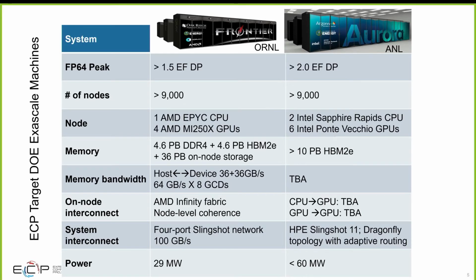Already these numbers are beyond what I even thought would be tolerable when this project began in 2016. Okay, so there's obviously a ton to discuss there, but I just want to give you an overview. Our goal is these 2 machines. It doesn't mean there aren't many other classes of architectures that would be reasonable goals for different HPC projects, but to get to the beacon of an exascale, this is what our target is.